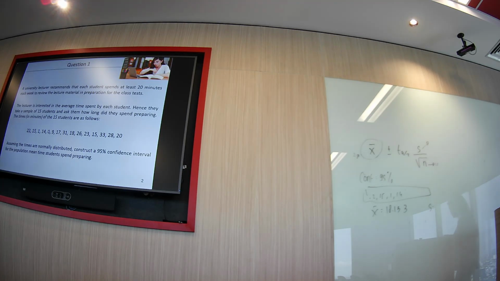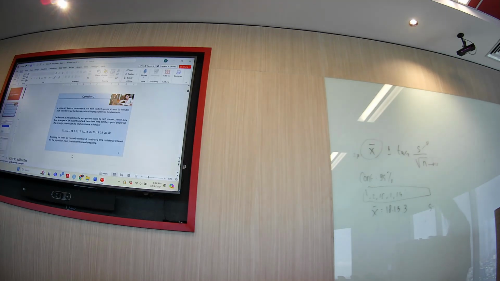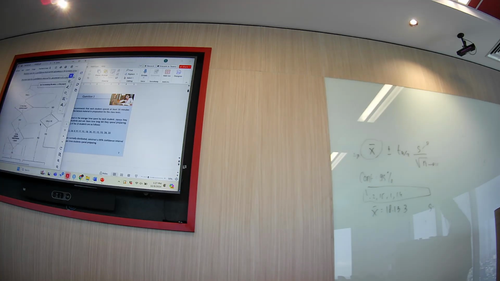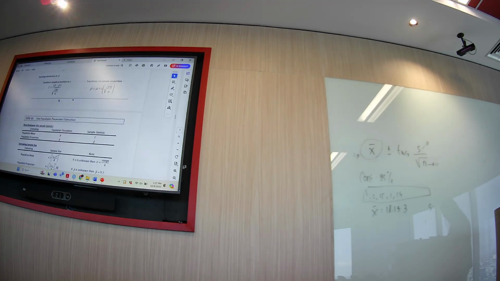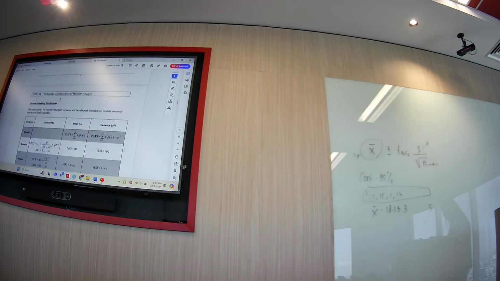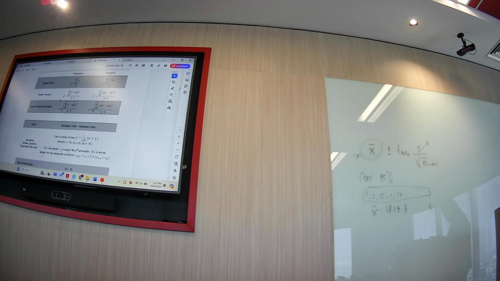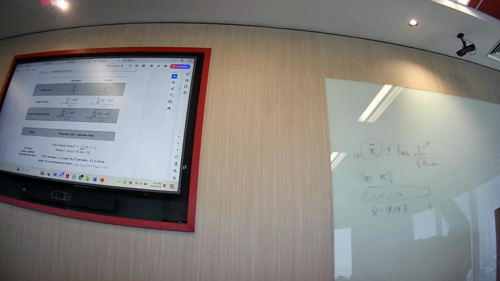Also, you can see the formula here, on the formula sheet. We learned this one in the first week, I think.